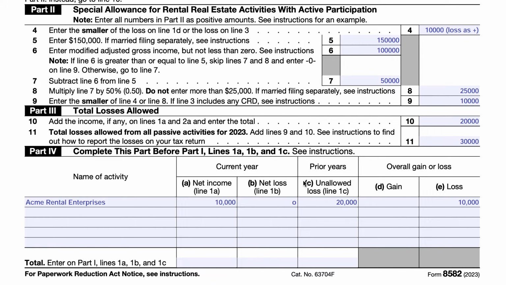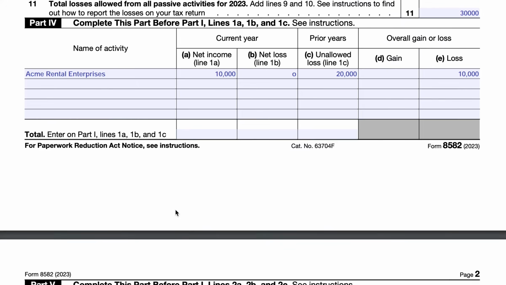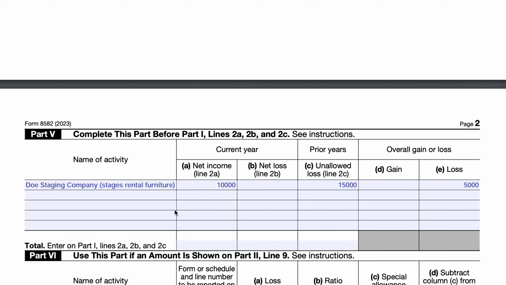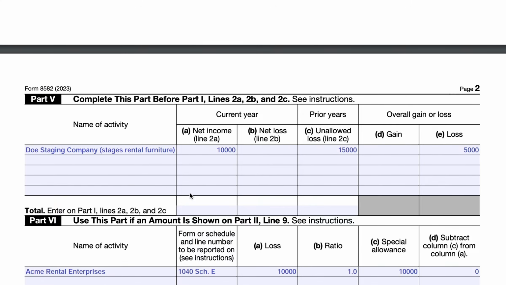Part 4 is the part where we'll complete the passive activity loss or gain for those special real estate activities with active participation, where you have a special allowance. Part 5 is for the rest of the passive activities without the special allowance.